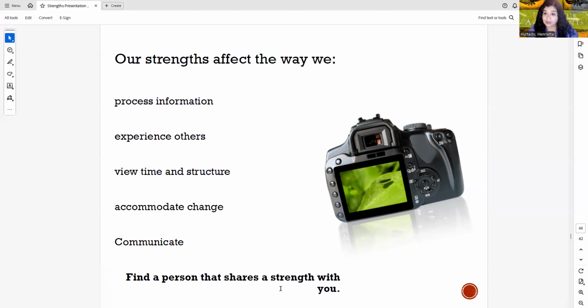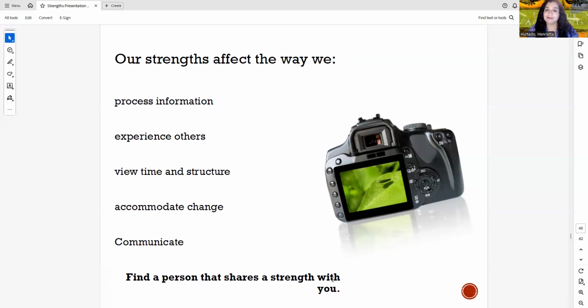So, if you took this assessment as part of a group or a workshop, then at this point, you need to find someone next to you or behind you who actually has one of your top 5 strengths, and talk about that strength and how that perspective is manifested in you.